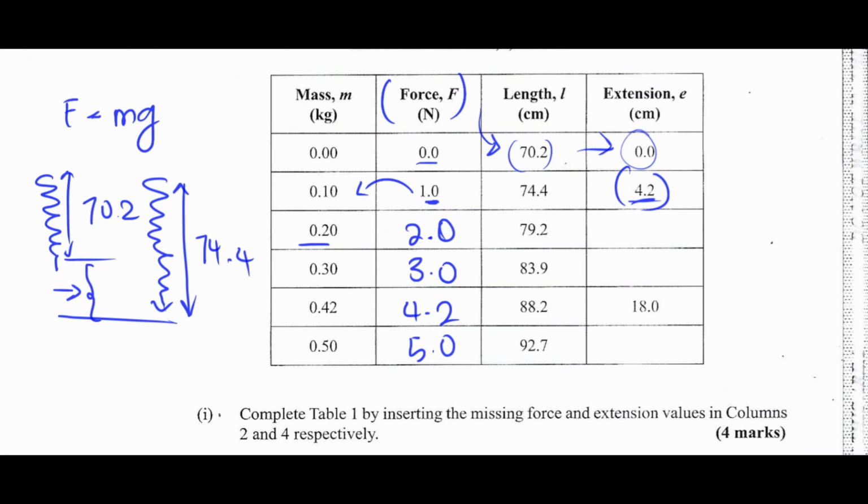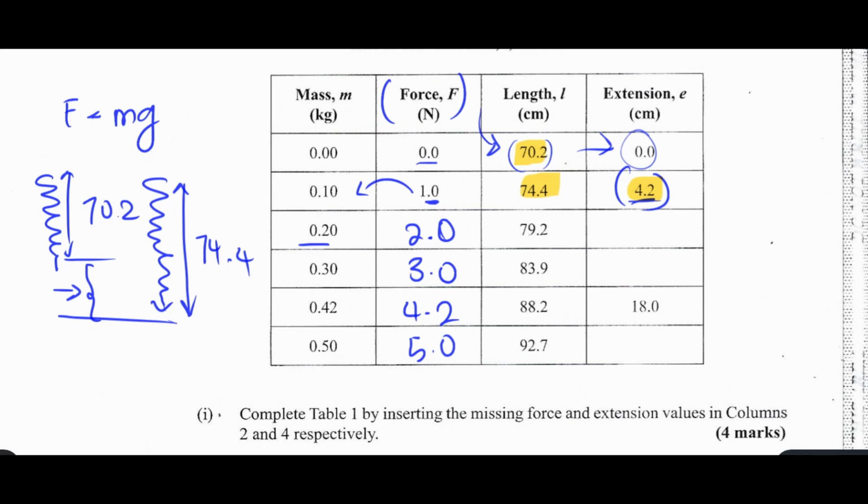I hope you're getting the little difference between extension and length, because this will be very helpful in some questions. Sometimes you'll be asked to calculate the length, sometimes the extension, so keep that in mind. So if we look here, we have 74.4 and an extension of 4.2. We're coming from an original length of 70.2 and it was extended by 4.2 centimeters. That's how we got that new length of 74.4.